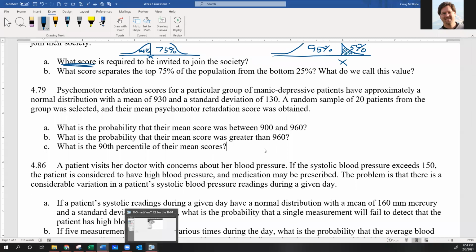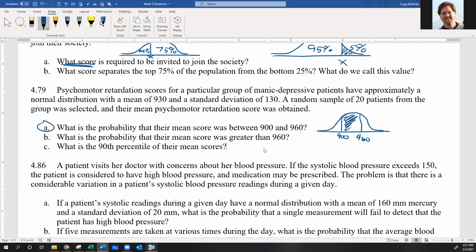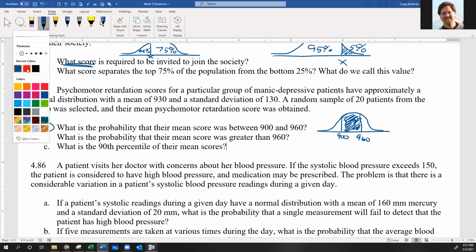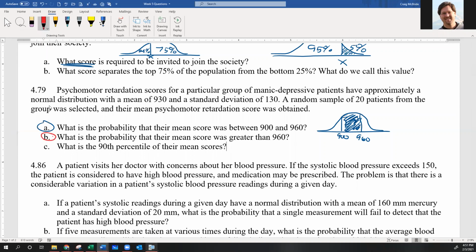So part A, I'll do in blue, would look like this. What's the mean? 930. And then B, I'll do in red. B would look like this.